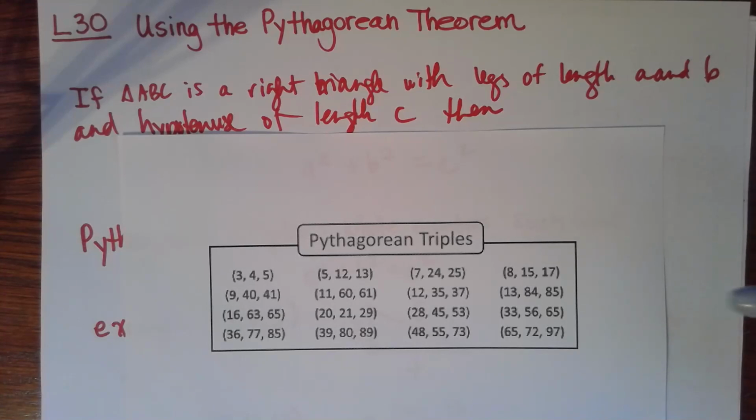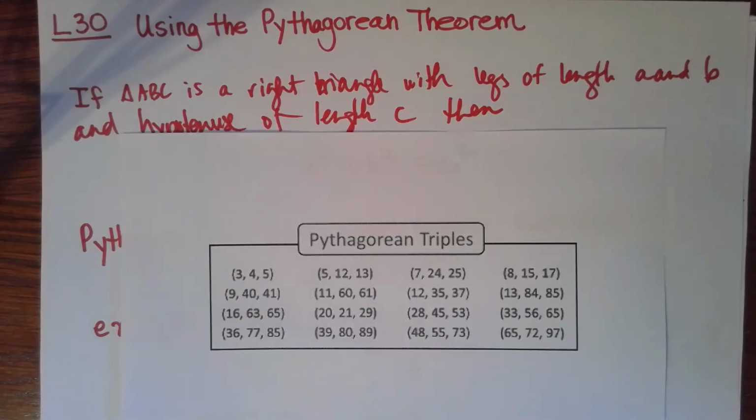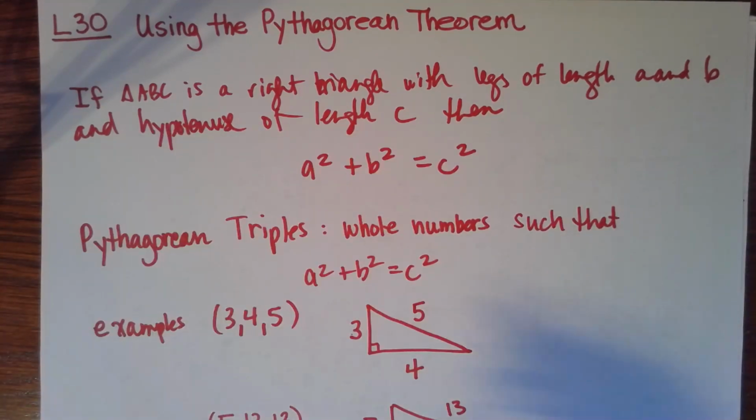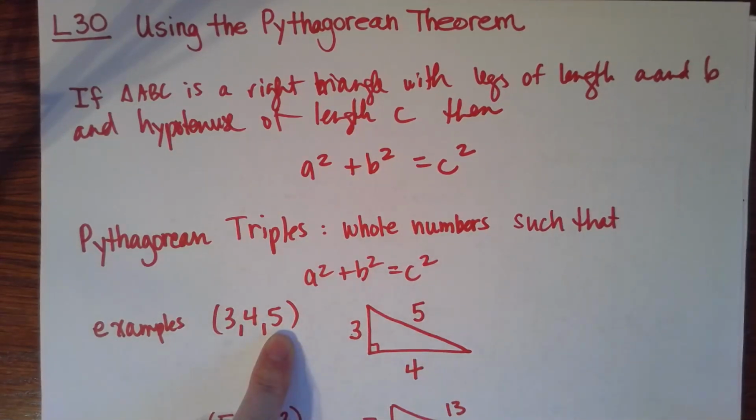The other thing to note is that if 3, 4, 5 is a Pythagorean triple, then I can always get another Pythagorean triple by multiplying my Pythagorean triple by some constant.